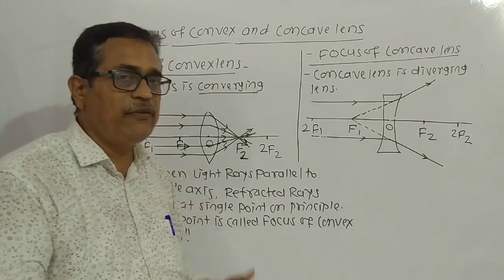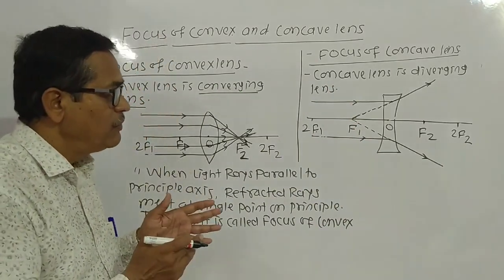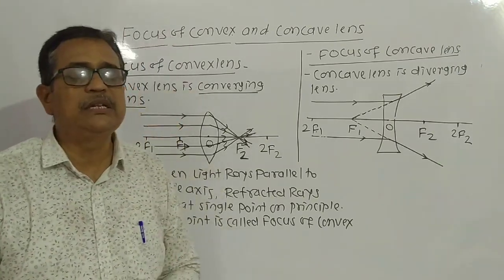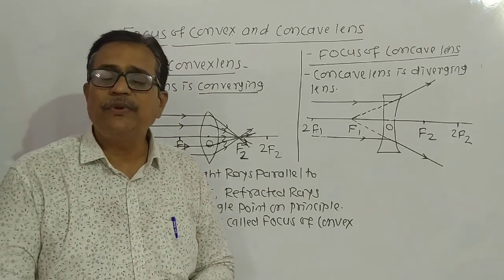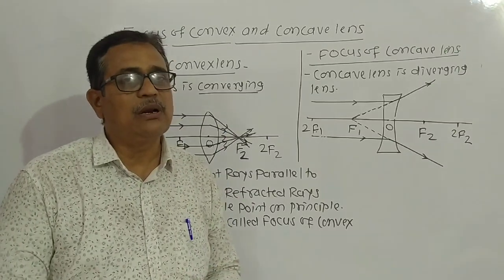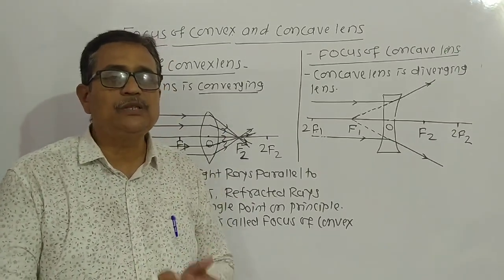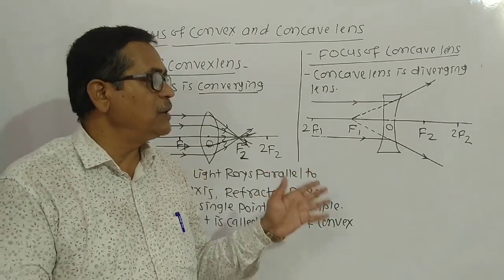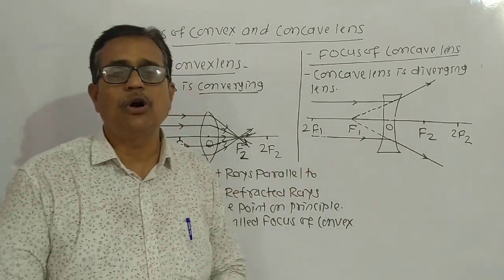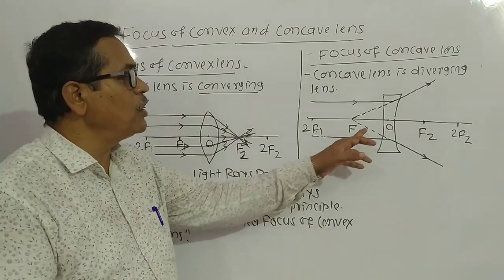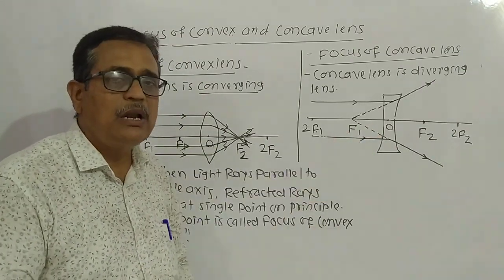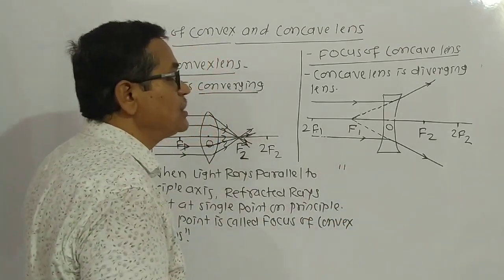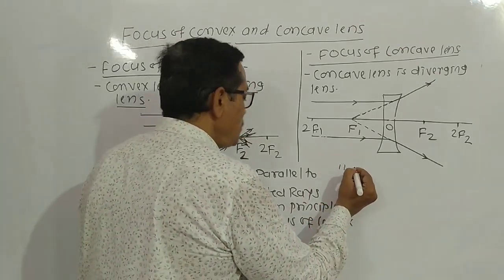What is the definition of focus of concave lens? Look here, light rays parallel to principal axis, refracted rays diverge from each other, but they appear to come from a single point on the principal axis. That point is called the focus of concave lens, and focus of concave lens is to the left side of the lens. What is the focus of concave lens?